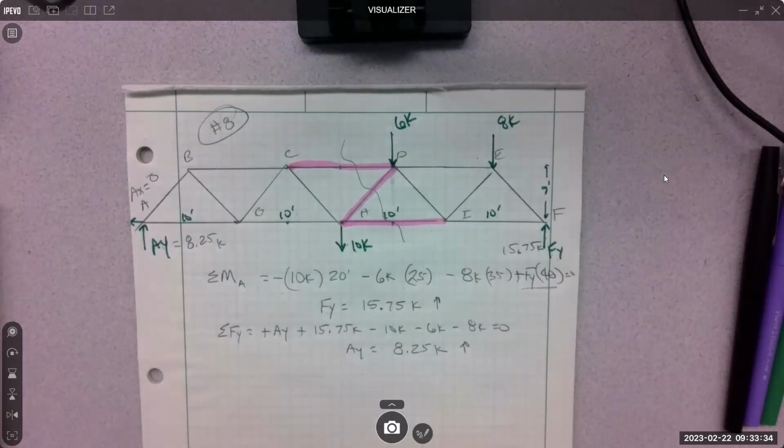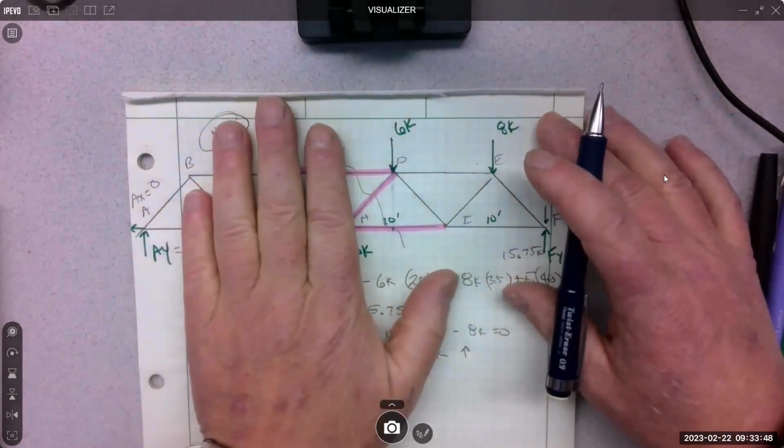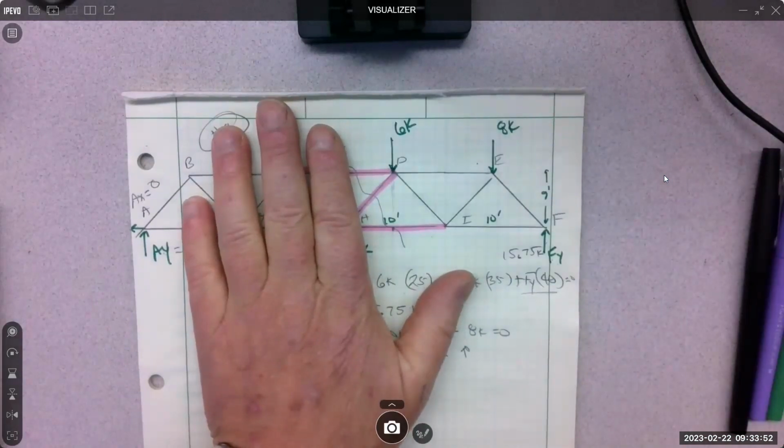So if you get a complicated truss and you're going to cut through more than three, you can't do method of sections. You just can't do that. That would give you more than three unknowns. And we have three equations because this is going to end up being a non-concurrent problem. All the forces don't go through one point, so moments come into play. So we get three unknowns.